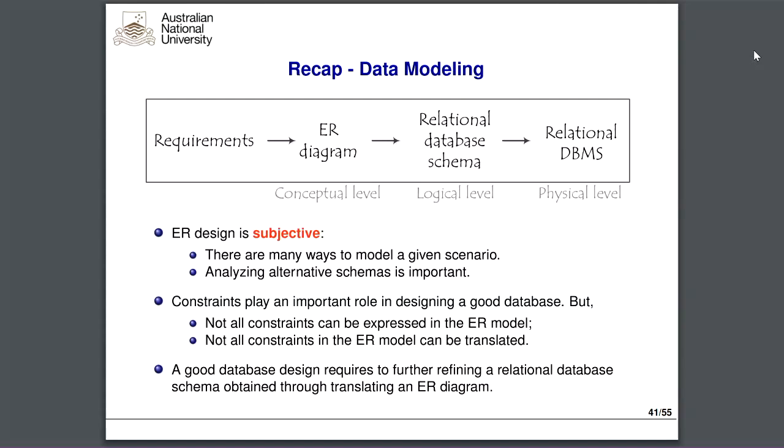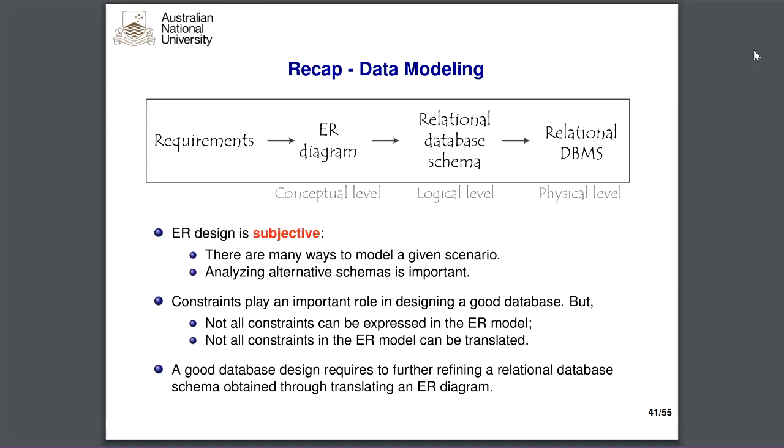Not all the constraints in the ER model can be translated, as just mentioned. A good database design requires further refining the relational database schema obtained through the ER diagram. So you can do this process, and once you build this relational database, maybe you do some queries and find that a query takes a long time or a lot of storage, and maybe you can try to reorganize a little bit.